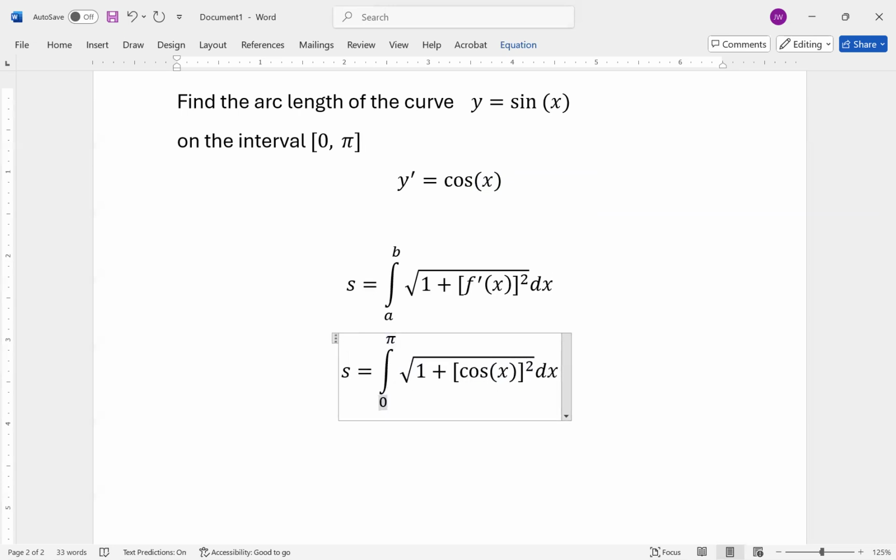You could try to do this by hand if you'd like, but it's a lot easier to deal with this using your calculator. So that's what I'm going to do. I'm going to type that into my calculator. Now, if you are using your calculator, we're doing calculus with trig functions, so make sure you're in radian mode. The derivative of sine is cosine if you're in radian mode.